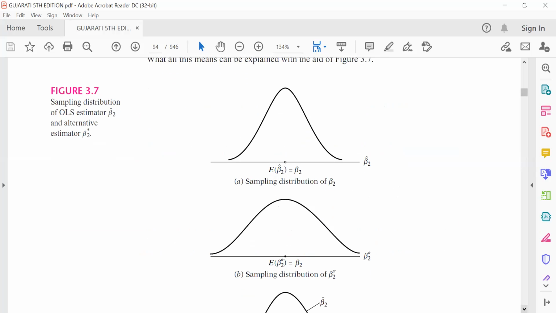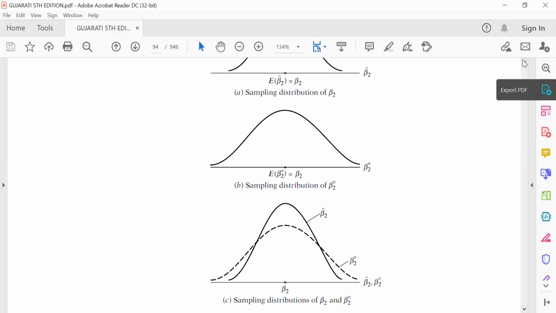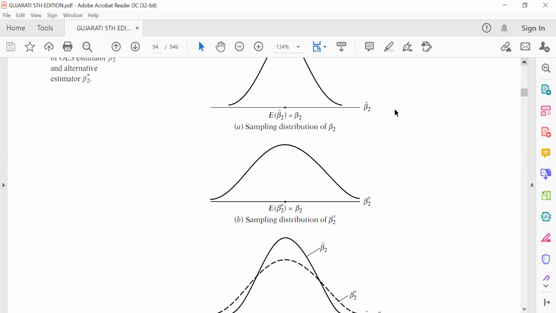Here we have two distributions of the beta. For A, the expected value of beta is beta 2. It's the same as beta, that means unbiased.